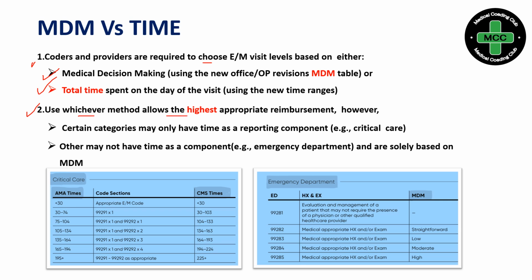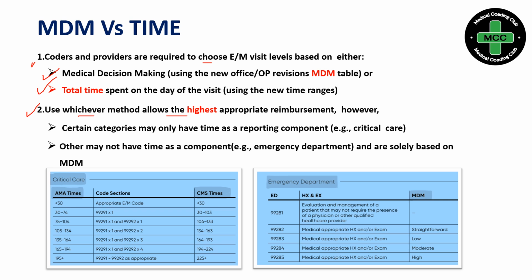So in this case, you have to follow both the methods. You have to check once what your level is based on medical decision making, and what level you are getting based on time. If you are getting a higher level based on time, then you have to go based on time. Whatever gives you the highest level, we have to follow that.